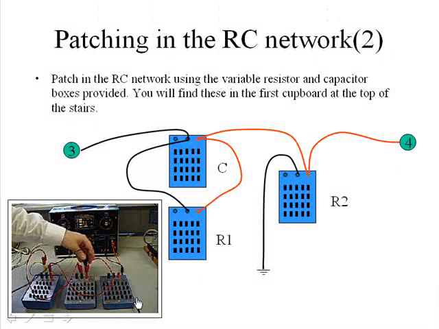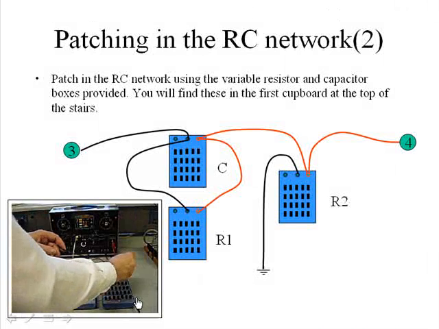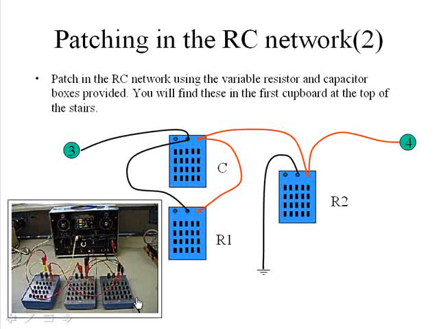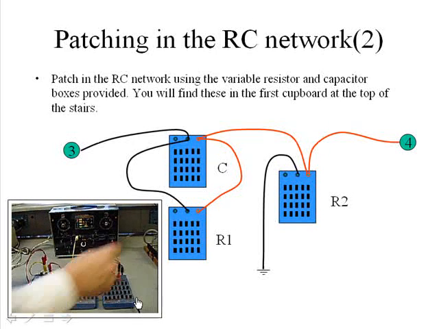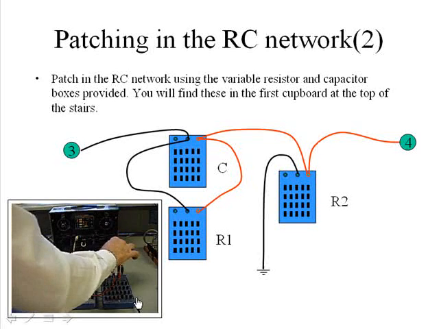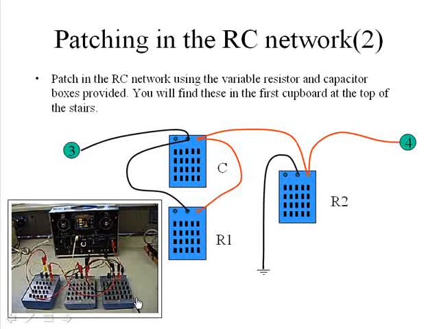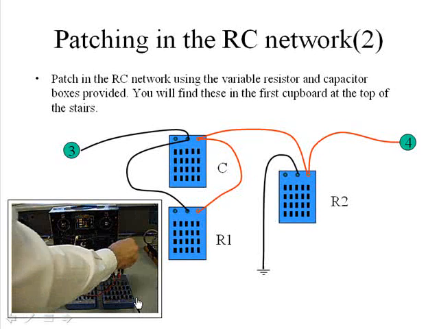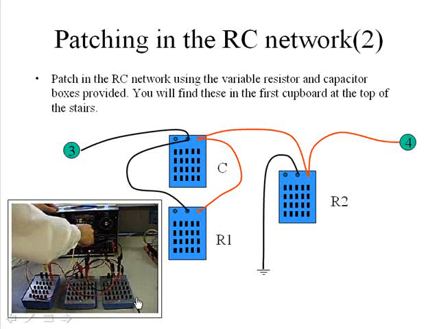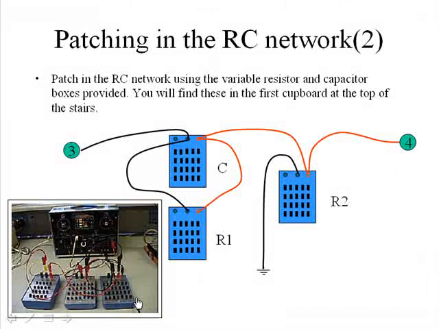We can then come out of the first resistor to the second resistor, remembering to make sure you put the bottom of the second resistor to earth before going back into the equipment at point 4.